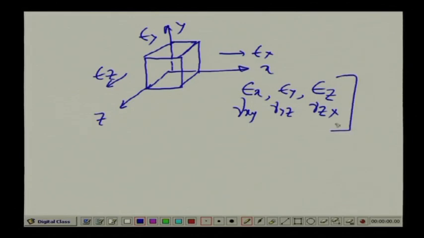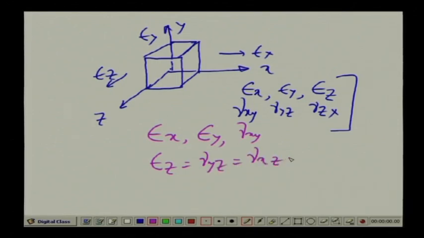So, these are the 6 strain components which will be acting at this particular point with reference to this rectangular axis system. Now, if we like to represent the strain on a plane which is z plane having x and y axis, the strain that will be existing will be epsilon x, epsilon y and gamma x y, and the rest of the strains like epsilon z, gamma y z and gamma x z, they are 0.